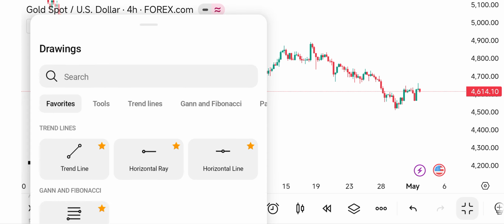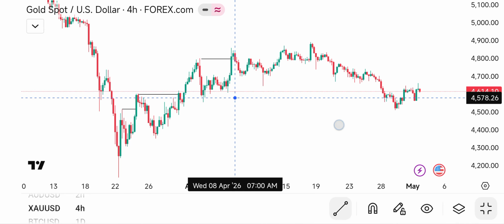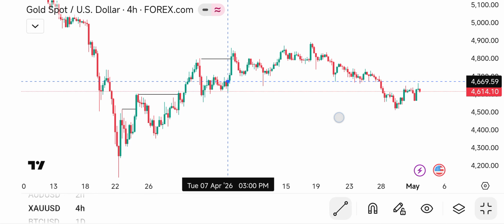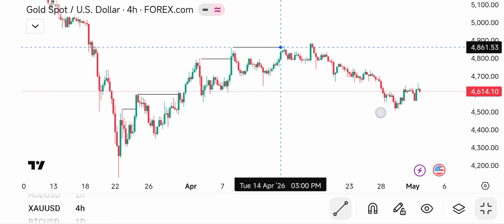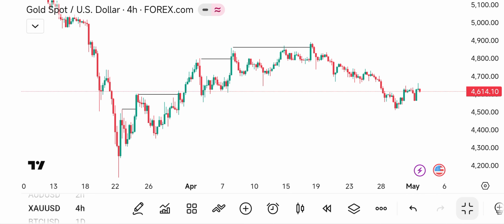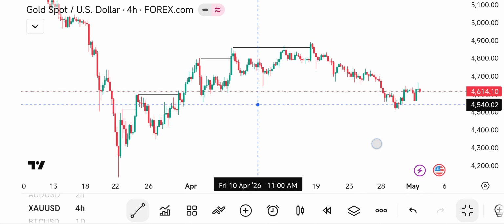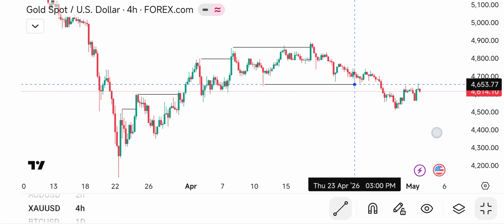After this break of structure, price still came back, tapped into the origin, which is this other block here, and gave us another break, which is this break of structure. This break of structure, this low here was supposed to be our protected low.